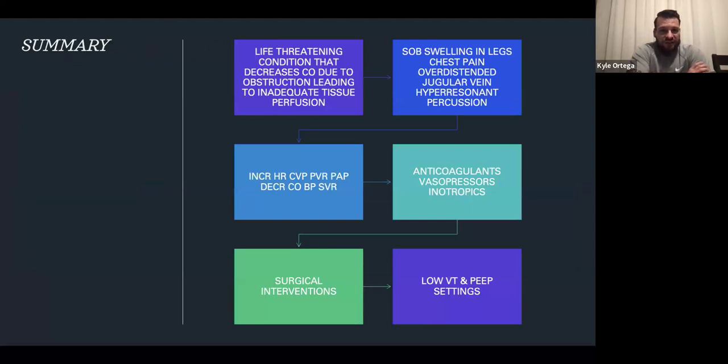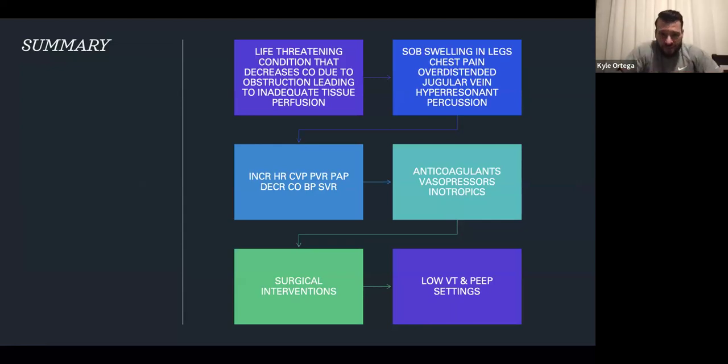All right, so to summarize obstructive shock, it's pretty much anatomical obstruction of the great vessels of the heart. It's a life-threatening condition that decreases cardiac output due to obstruction, leading to inadequate tissue perfusion. Shortness of breath, swelling in the legs, chest pain, overdistended jugular vein, and hyperresonant percussion could all be signs.